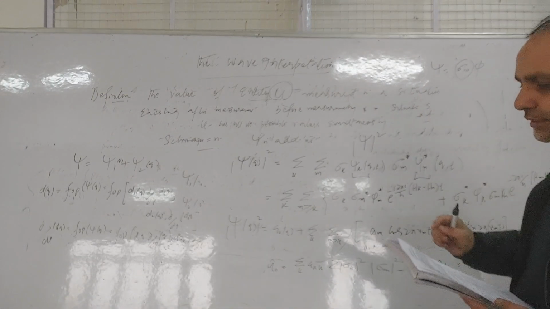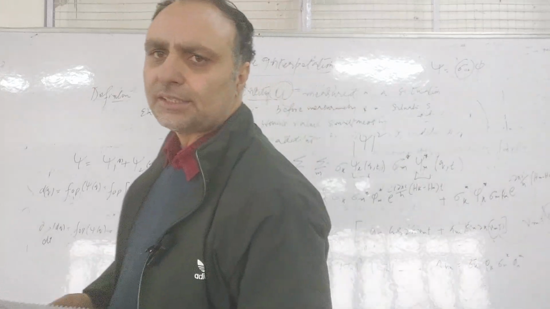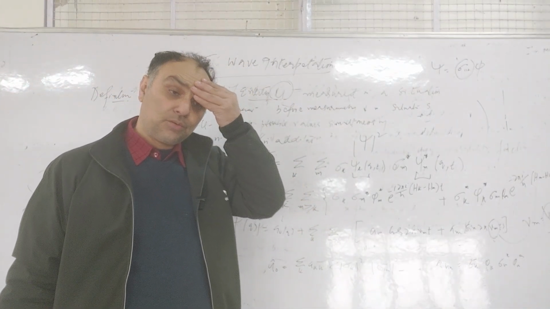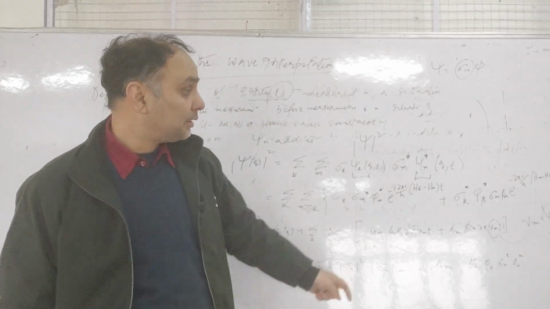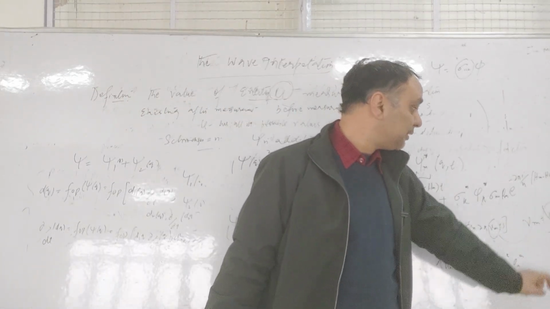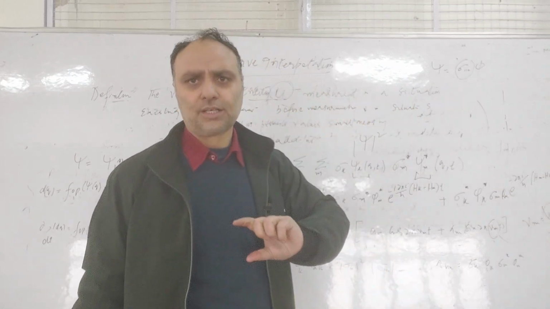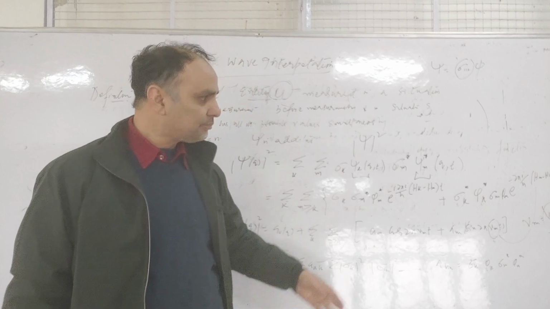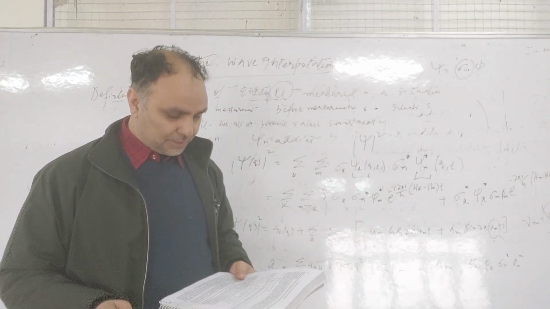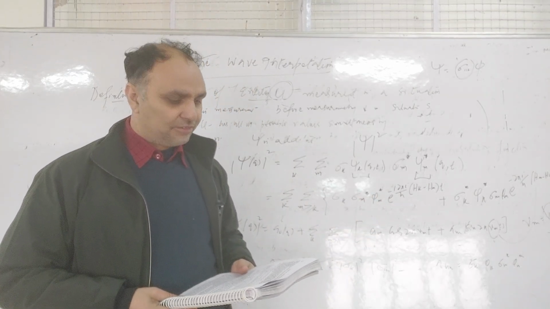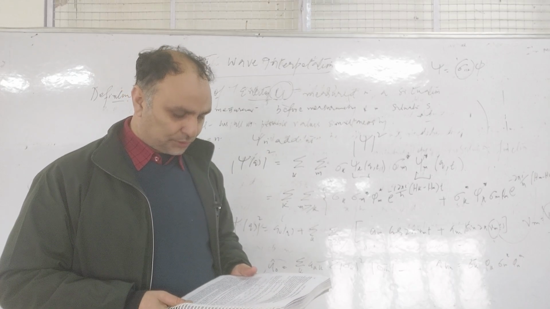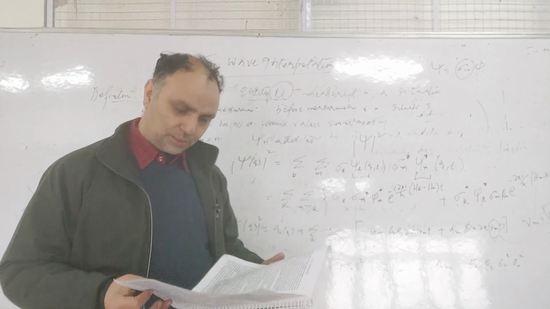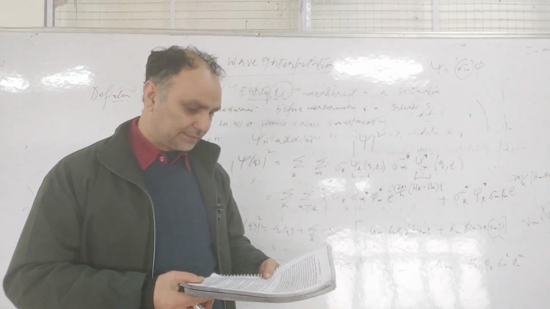Not stationary states: basically one is the transitive state, the other is the stationary state. For stationary states, this may be one, but for transitive states, we have done this thing. So it's basically how we can represent a wave function, how we can see its evolution in that sense.